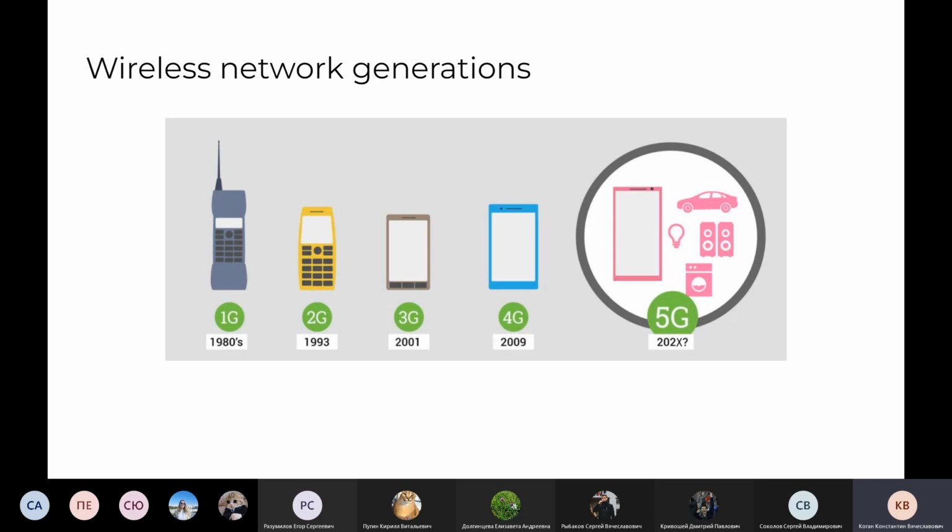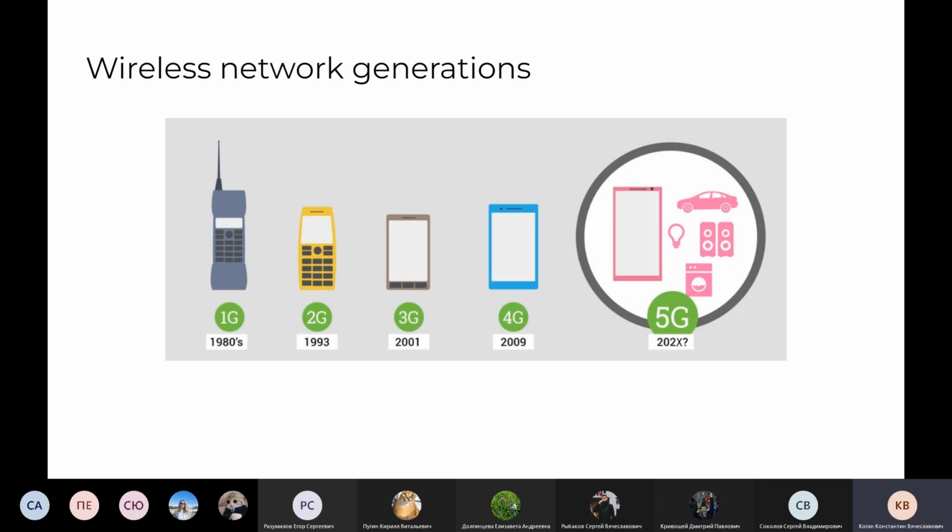But as more users come online, 4G networks have just about reached the limit of what they are capable of, at a time when users want even more data for their smartphones and devices. Now we're headed toward 5G, the next generation of wireless, and it will be able to handle 1,000 times more traffic than today's networks, and it will be up to 10 times faster than 4G LTE.